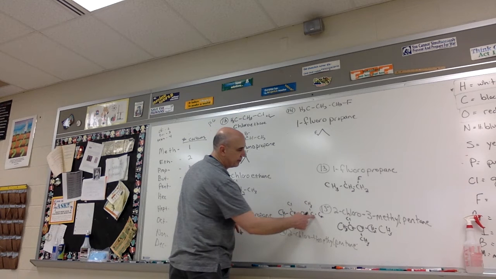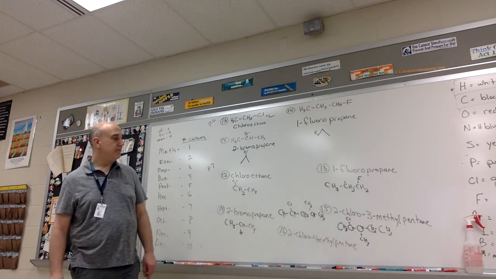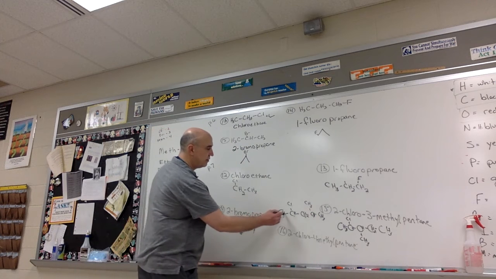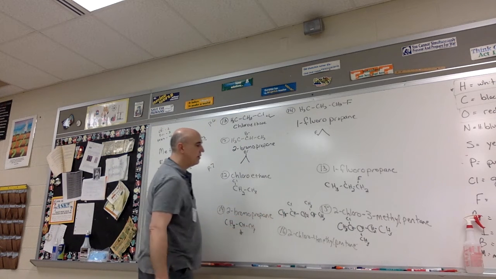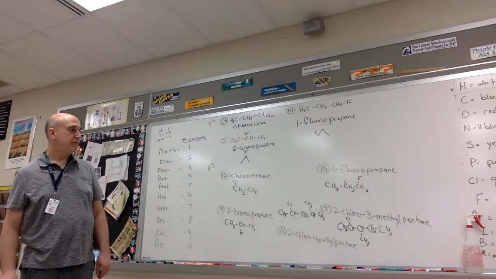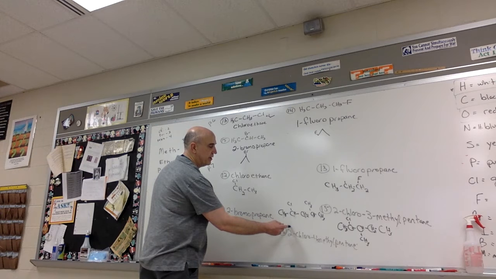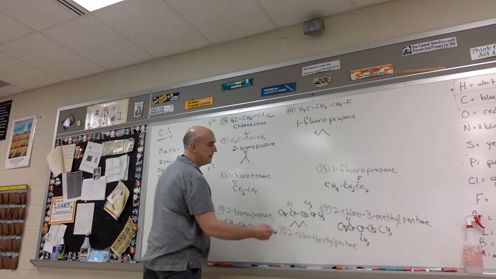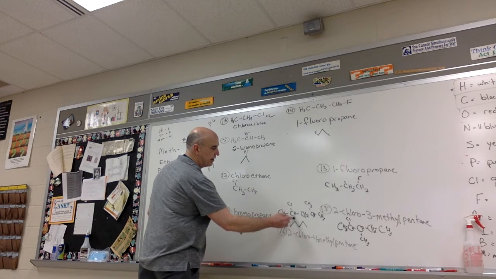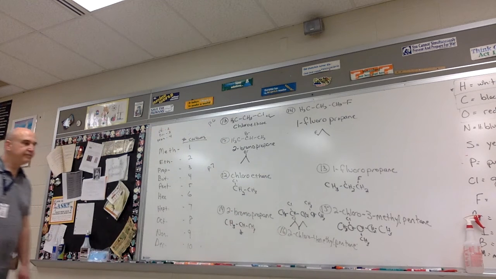Carbon numbers in the subscripts. And again, if we were drawing it using the stick method, 1, 2, 3, 4, 5, you'd have a chlorine coming off your 2nd, and for the methyl group, you just draw a line.